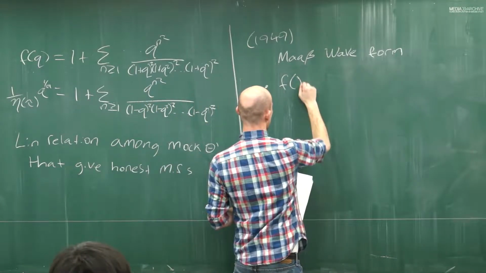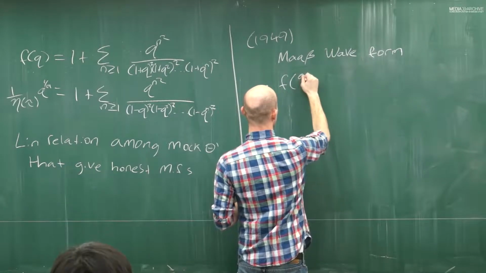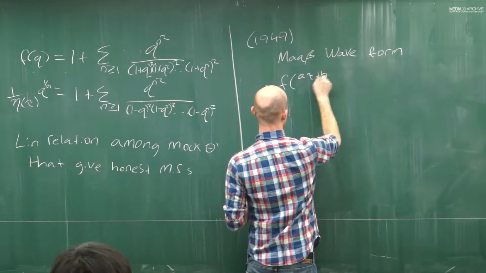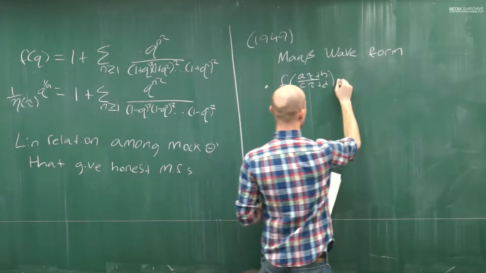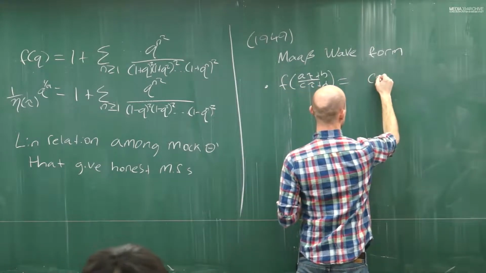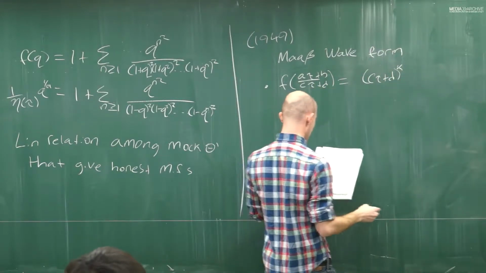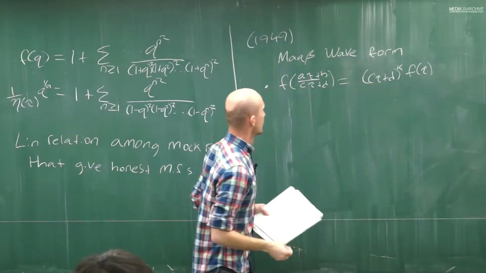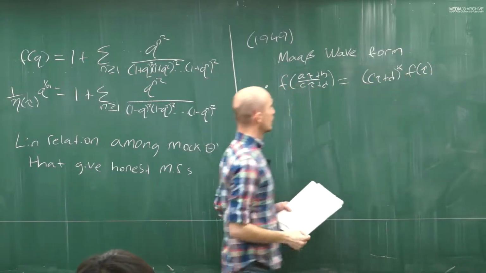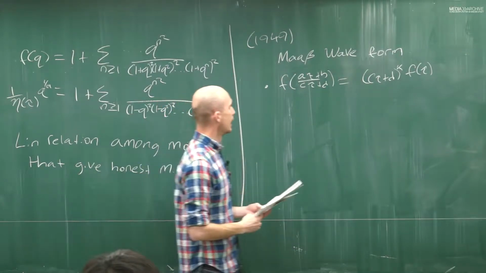So f of (a tau plus b) over (c tau plus d) should equal (c tau plus d) to the k times f of tau for some weight k. Okay, so it looks like a modular form.